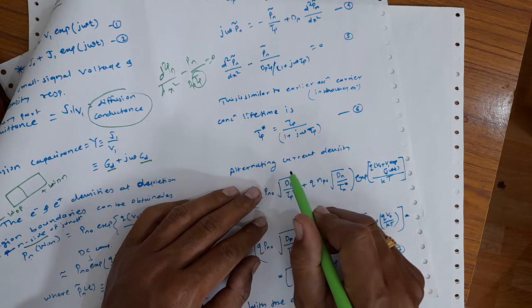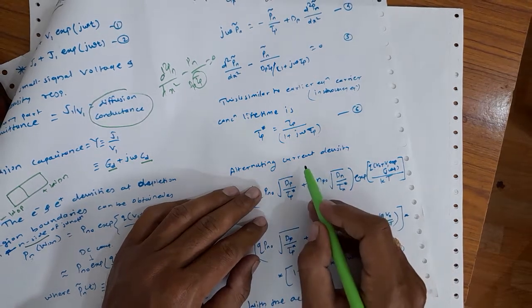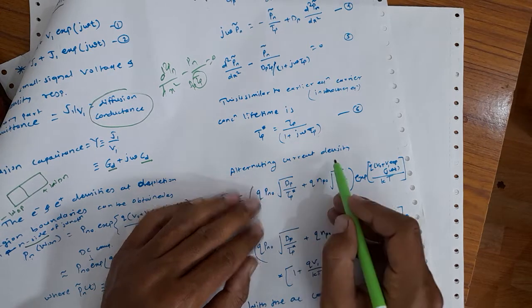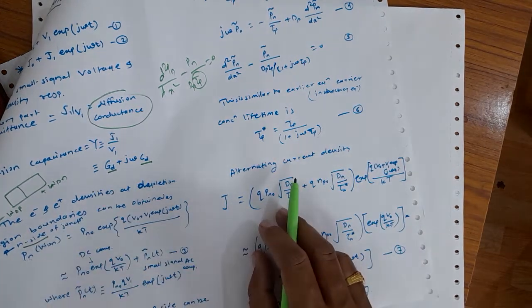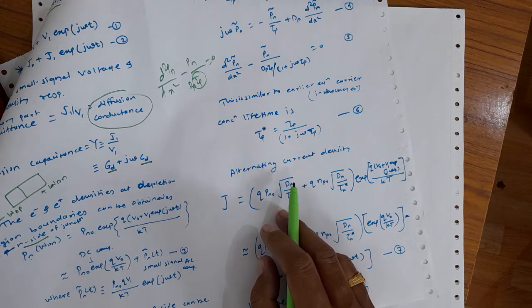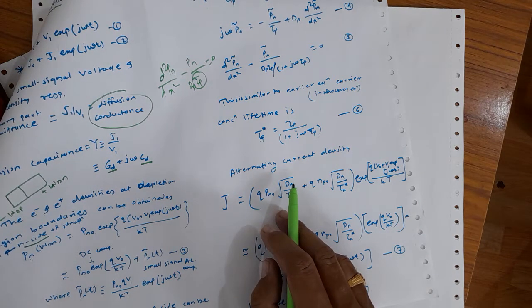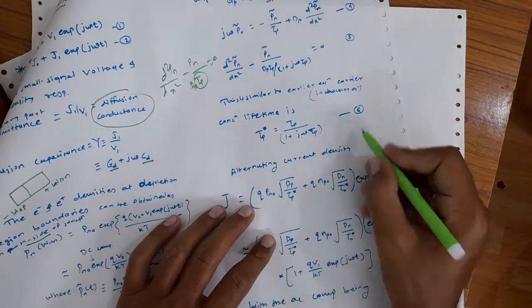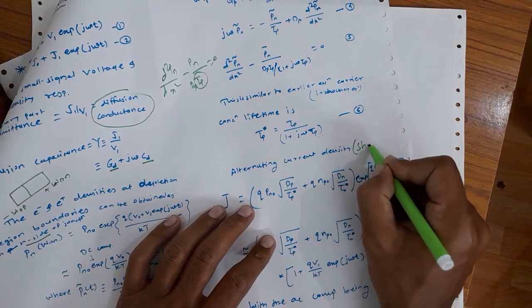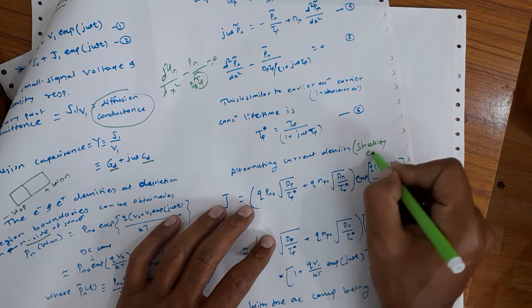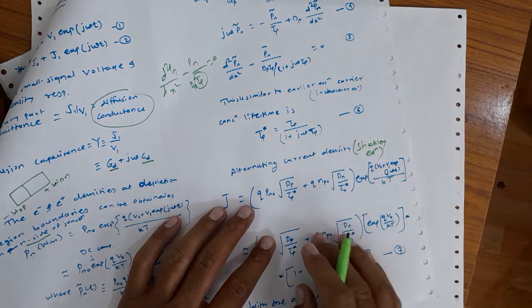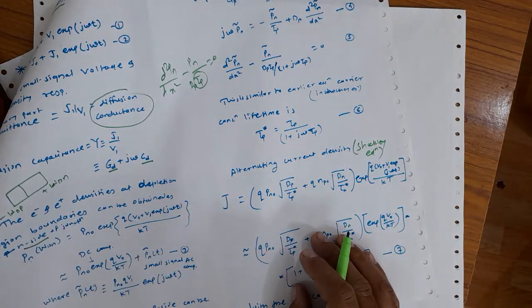Now we can obtain the equation for the alternating current density from another equation, which we call the Shockley equation. The current density is J equal to Jp plus Jn, that is J0.